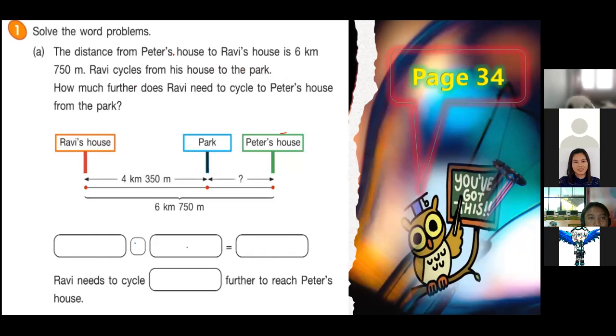So the distance of Peter and Ravi's is 6 kilometer and 750 meters. So look at the distance from the house. Next, Ravi cycles from his house to the park. Cycles, it's like bicycles, motorcycle.